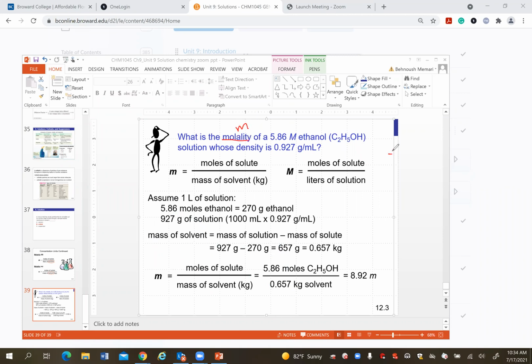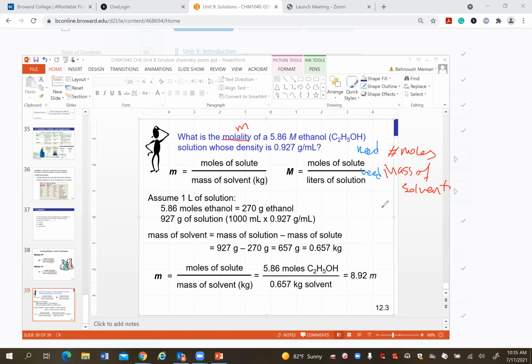We need the number of moles, and we need the mass of the solvent.